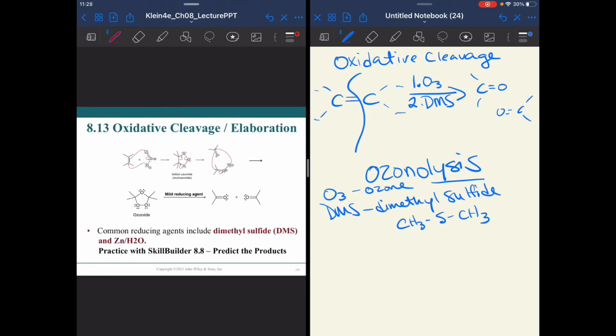There is another interesting mechanism that, if you are feeling really excited about mechanistic steps, have at it. It goes through a cool ozonide intermediate that rearranges into a different ozonide intermediate. But the complexity of this mechanism, I think, is a little bit above where I need y'all to be right now. So you are not responsible for this mechanism either.